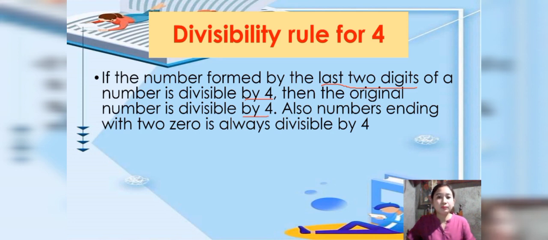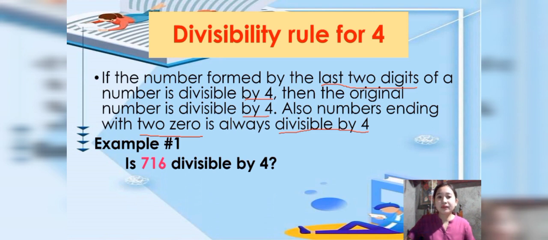Also, numbers ending with 00 are always divisible by 4. For example, is 716 divisible by 4?